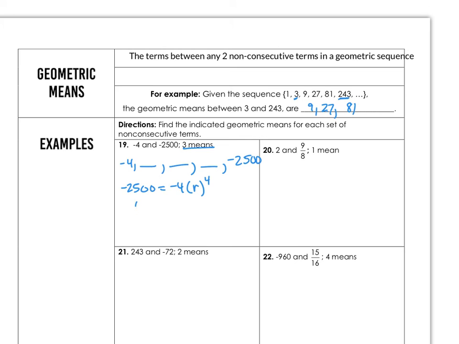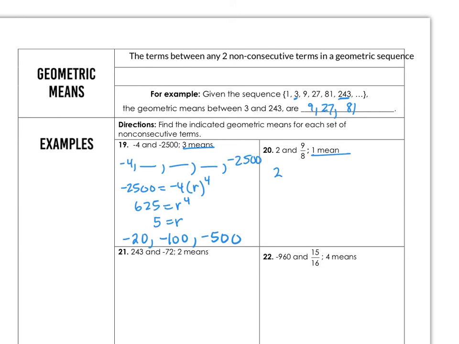So if I solve this equation and find out what r is, then that'll tell me what I need to know. Fourth root of 625 is 5. So then our numbers would be negative 20, negative 100, and negative 500, because they're multiplying by 5 each time.